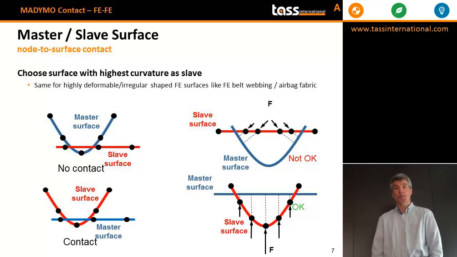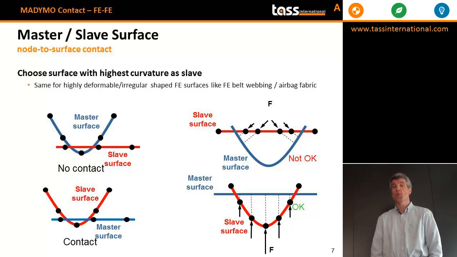There's another issue with curvature, which is explained at the right. If the blue, the master surface, is taken as the most curved, you will see that the forces applied perpendicular to the master surface are looking a bit strange. Probably you might expect to have something which is shown in the picture at the right bottom.